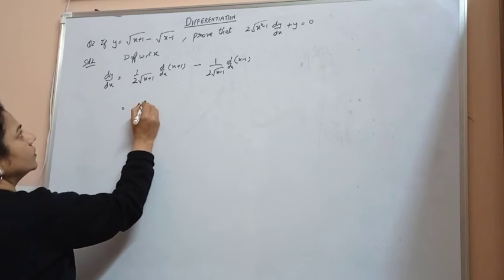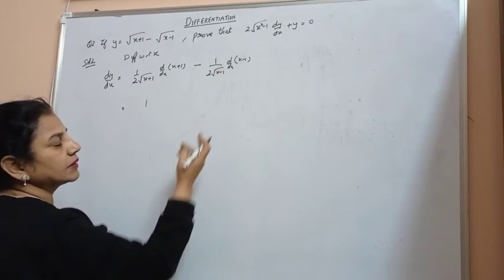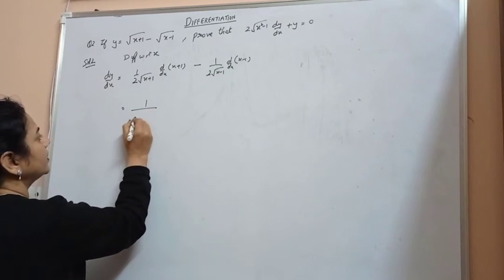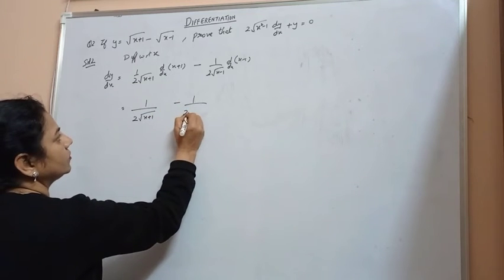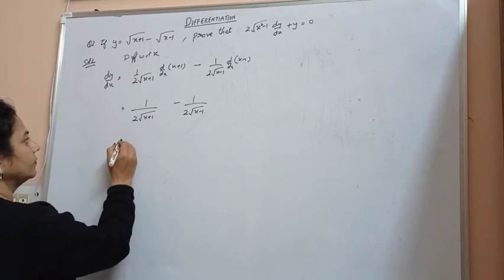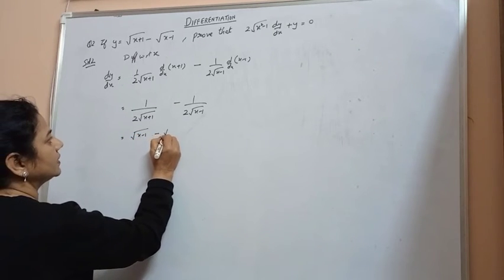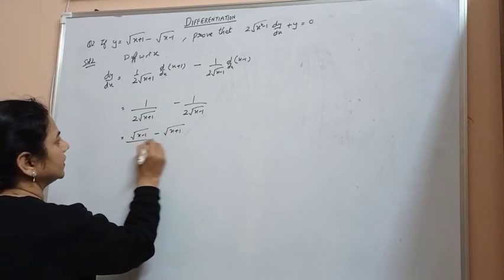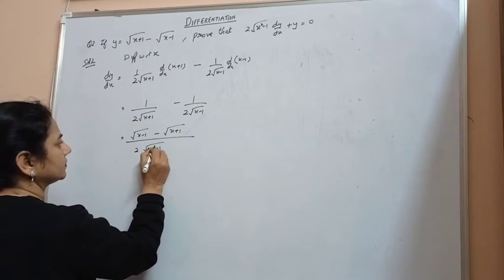The derivative of x plus 1 is 1 only and the derivative of x minus 1 is 1 only. So we have 1 upon 2 under root x plus 1 minus 1 upon 2 under root x minus 1. Take the LCM, we get under root x minus 1 minus under root x plus 1 divided by 2 times under root x square minus 1.